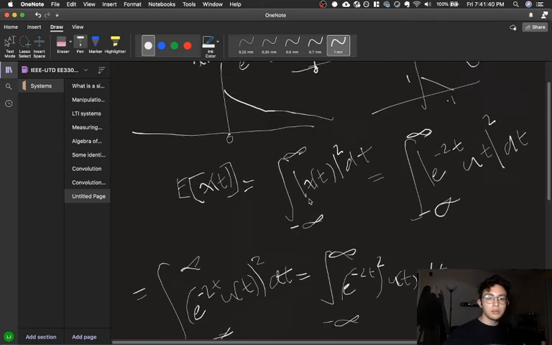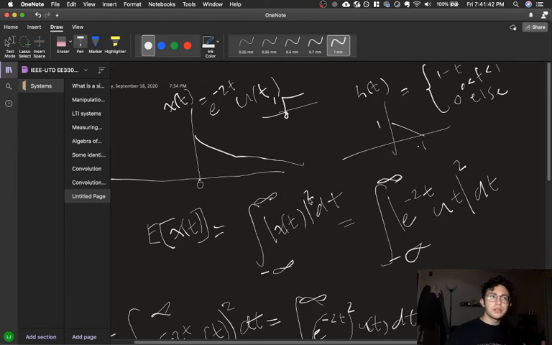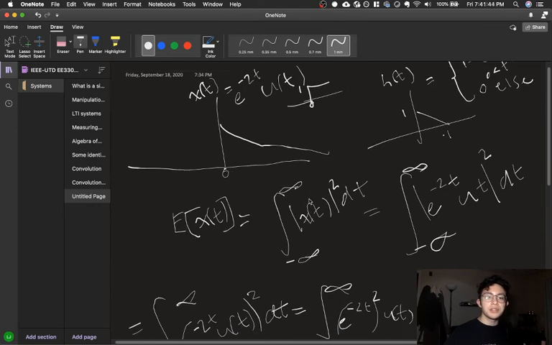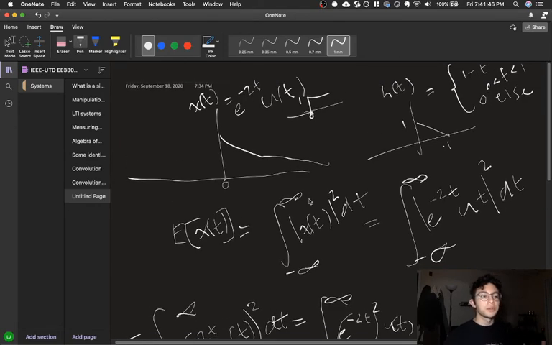Power is going to be less important for signals that are aperiodic, just because power is necessary when we have infinite support. It would go to 0 in the limit, because we'd be dividing by infinity if we were to take the power.